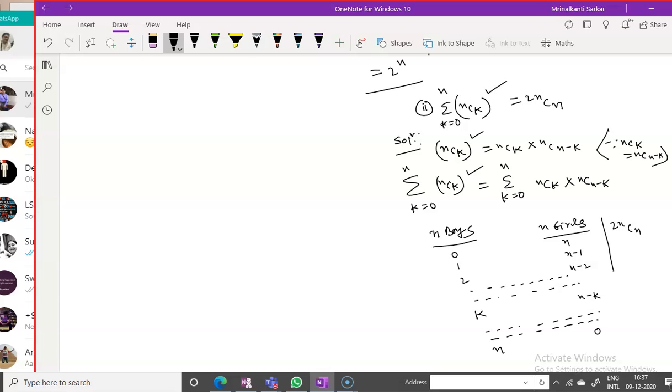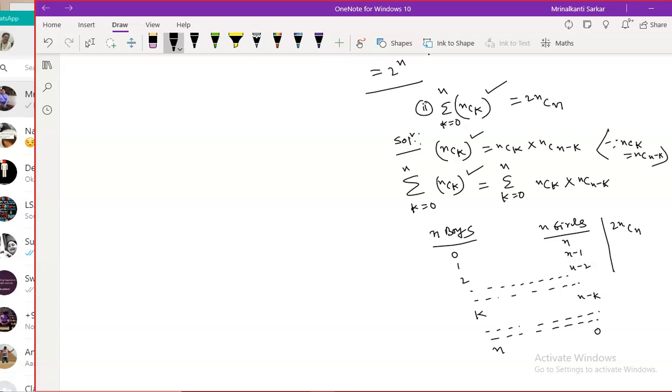Selection can be done this way also. You said out of 2n I'll select n only, because you did not give me any restriction on how many boys or girls. So simply it can be arranged in 2nCn ways.